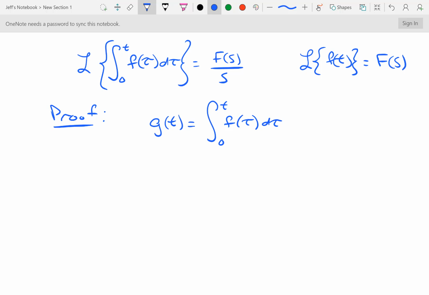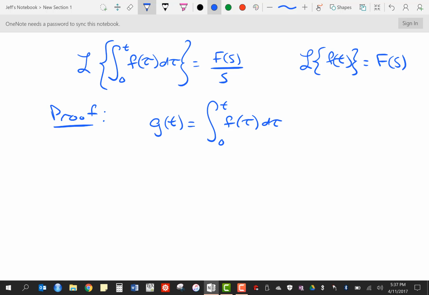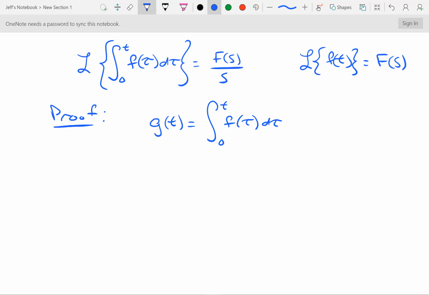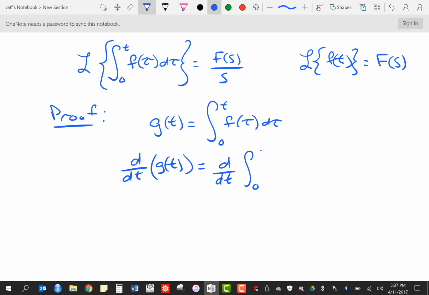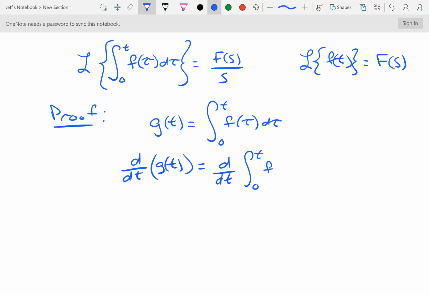And then what I'm going to do is take the derivative of both sides of this with respect to t. So the derivative with respect to t of g of t is going to be equal to the derivative with respect to t of the integral from 0 up to t of f of tau d tau.